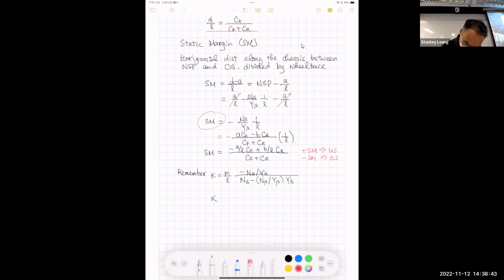You see this equation looks like this part, right?